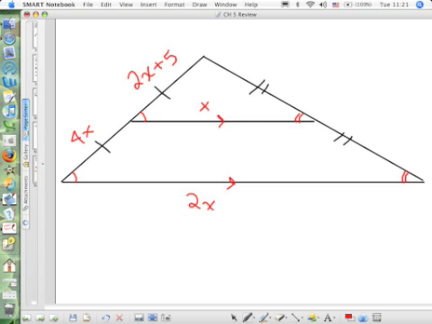So I could say, what's x? Or I could say, how long is this? Or how long is this? So there's many questions I can ask you, but it all starts from knowing these relationships. You've got to know them. X equals 2.